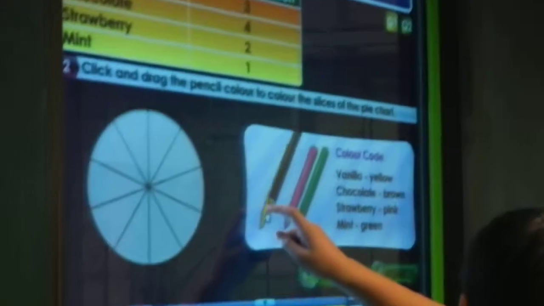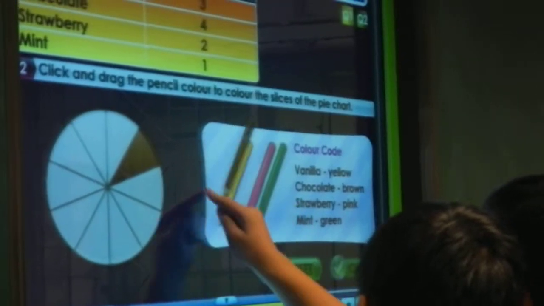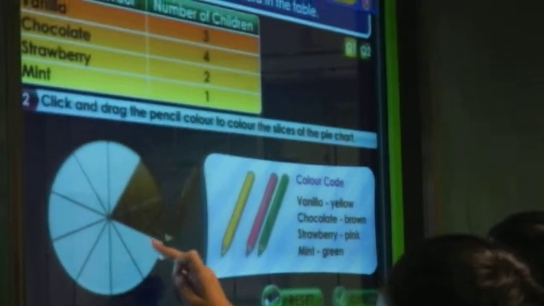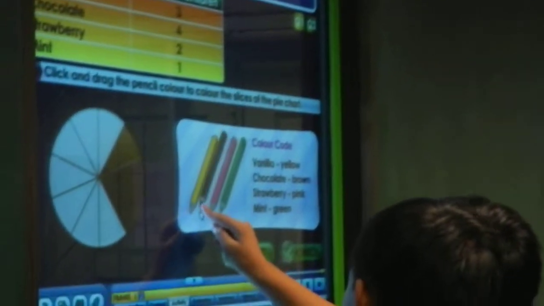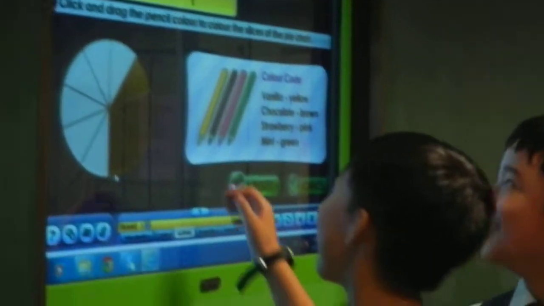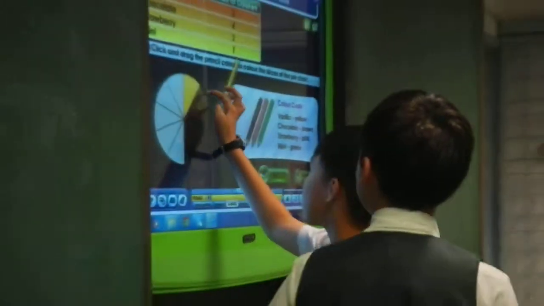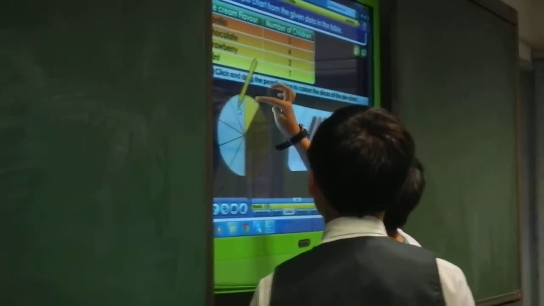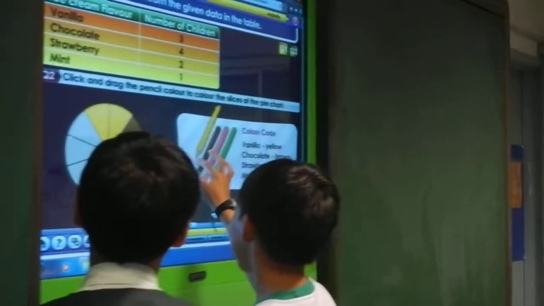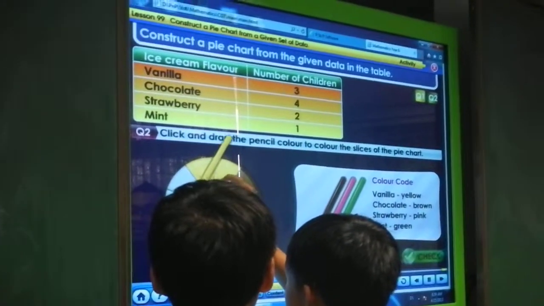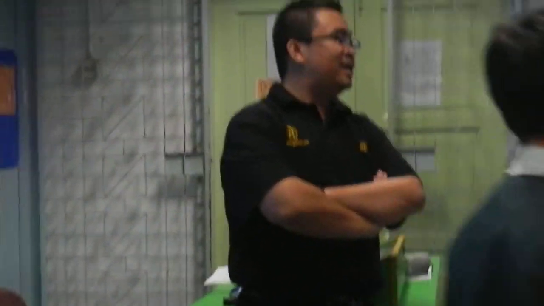Take this. We need chocolate 4. What do I do? Okay, next strawberry. Kali.